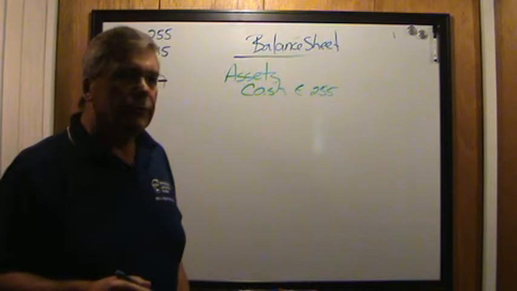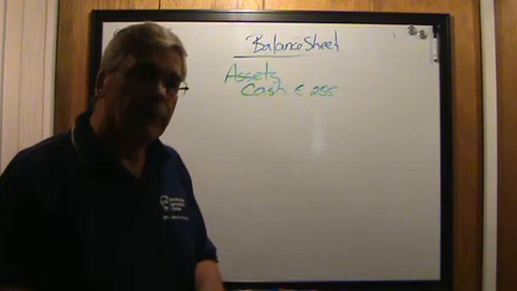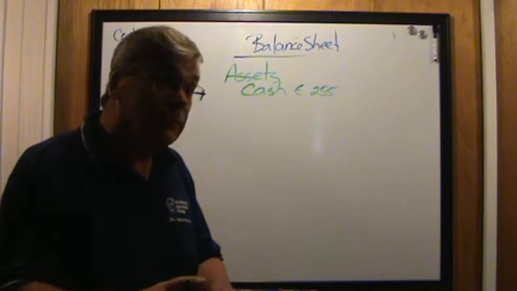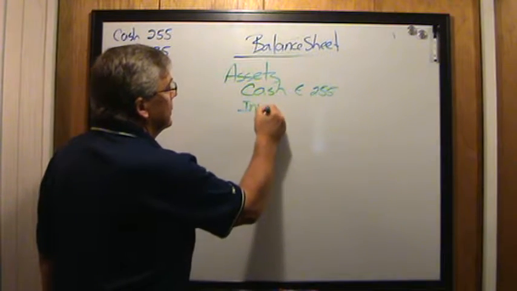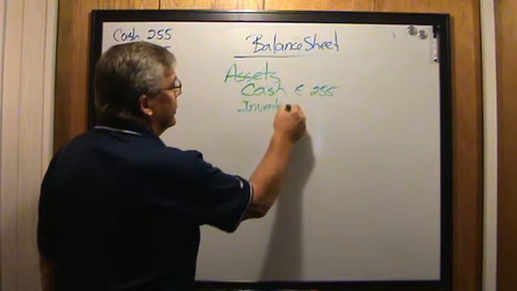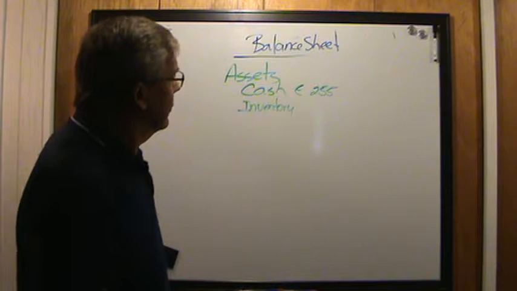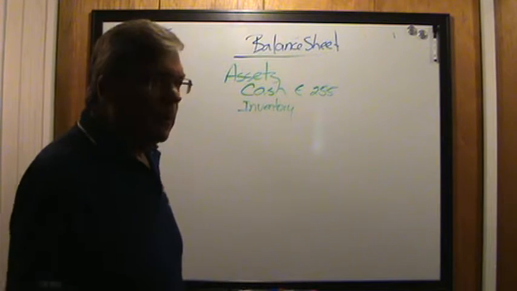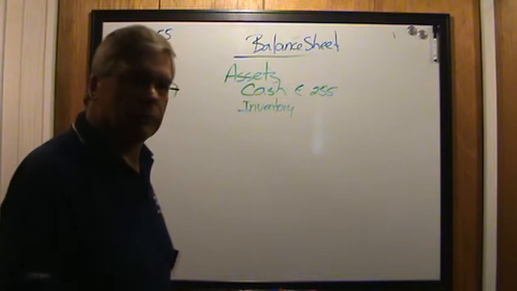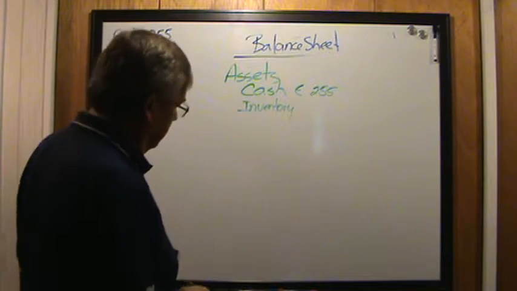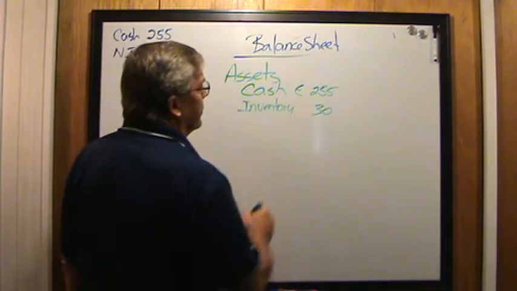We also have 5 shirts and logos that we haven't sold yet. That's inventory. So we'll call that inventory here. And inventory is considered anything that you have for sale, this type of inventory. So the value of those shirts is 5 times 6, 30, is that right? 30 euros.